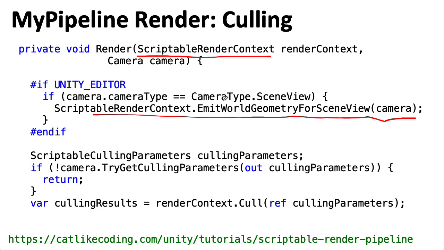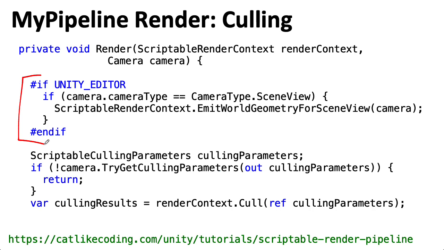We only execute this if the camera type is a scene view camera type. We only need to check any of this at all if we're running in the editor, so that's why this whole thing is wrapped in this #if UNITY_EDITOR bit. That means that if you're compiling this game and running it as a standalone outside of the editor, it doesn't waste time doing this check.